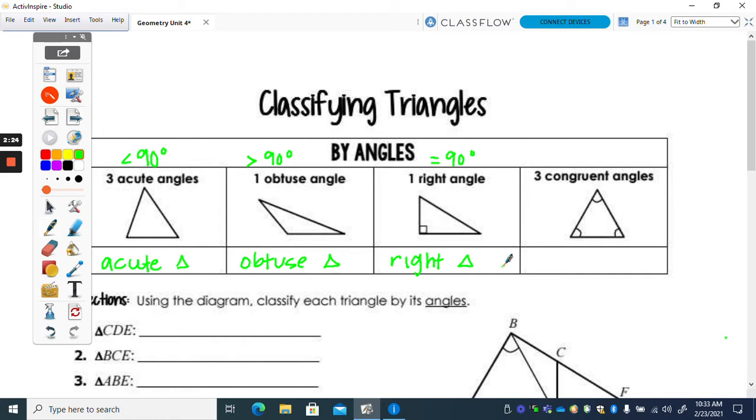And if it has three congruent angles, which is indicated here by this single line, single arc, it is an equiangular triangle. EQUIANGULAR. Equiangular triangle.